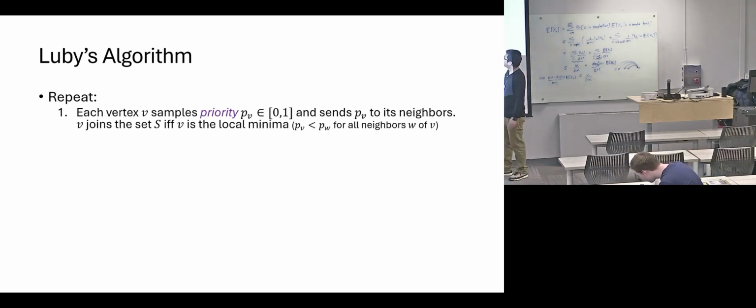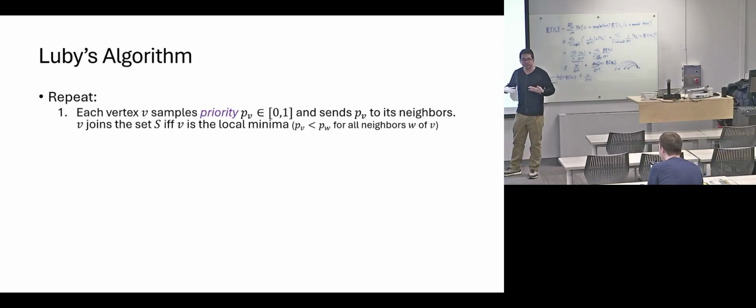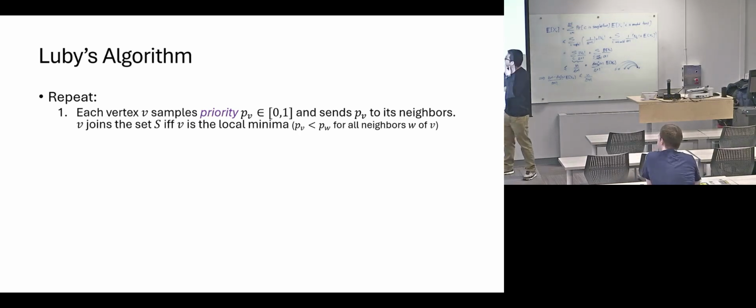And it's going to send this priority to its neighbors. So now every node knows the priority of its neighbors. And now each node V will join the set S if it is a local minimum, meaning that the priority of V is smaller than that of all its neighbors.